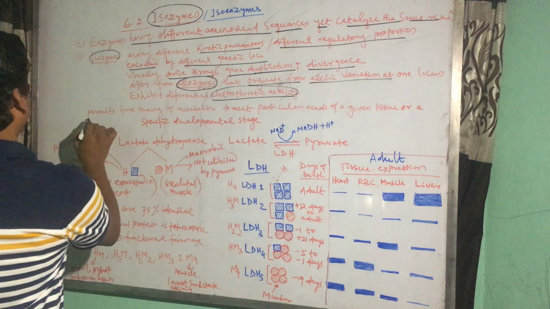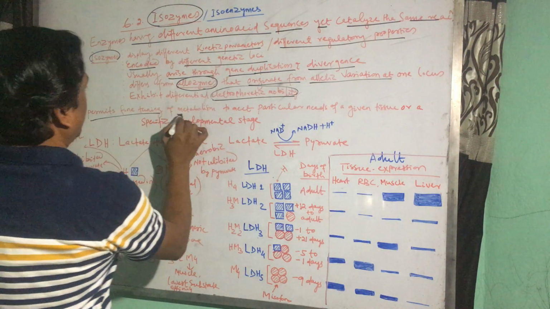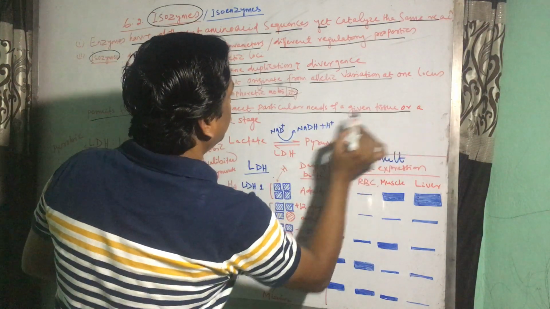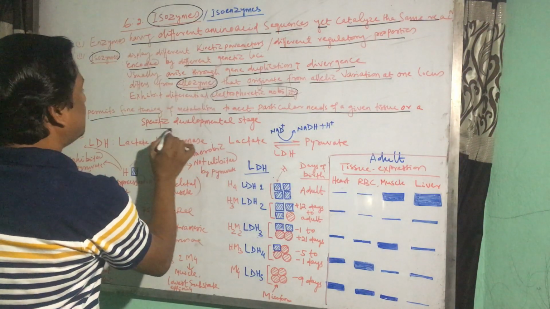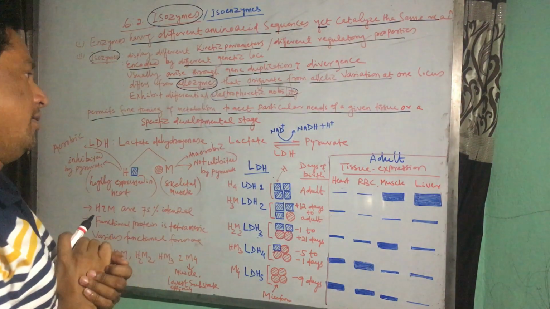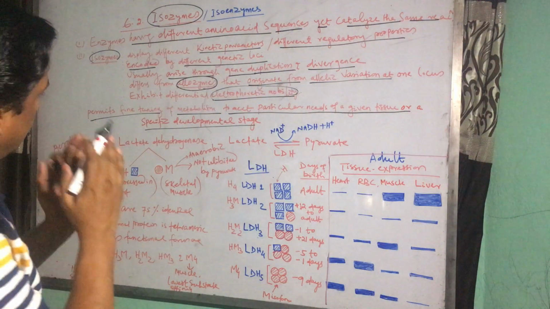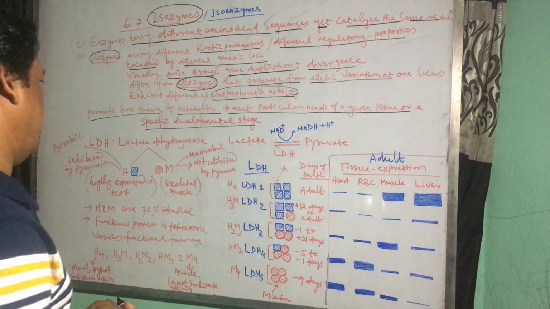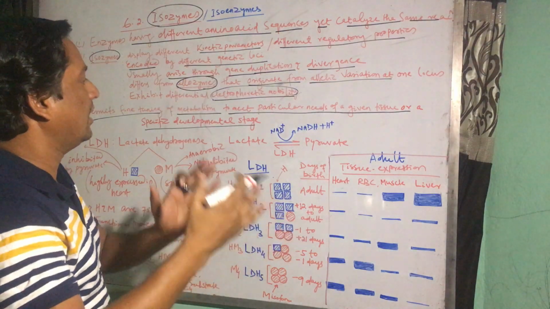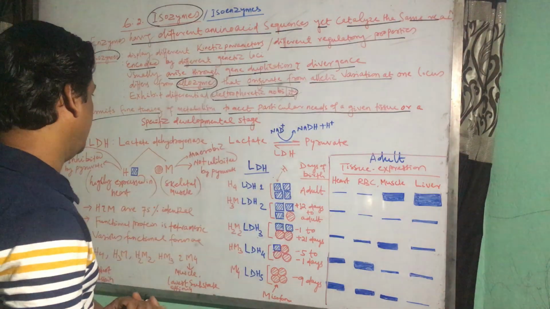So what is the use of these isoenzymes? They permit the fine tuning of metabolism to meet particular needs of a given tissue or specific developmental stage. Isoenzymes are different forms of the same enzyme which are expressed differentially in different tissues.